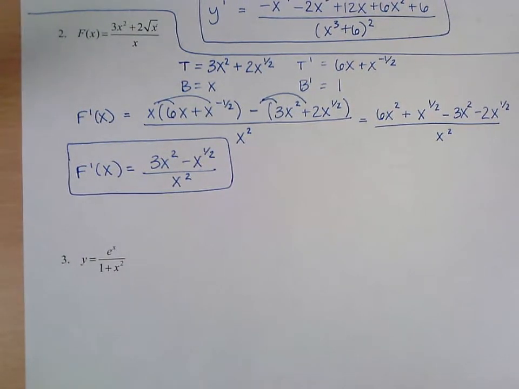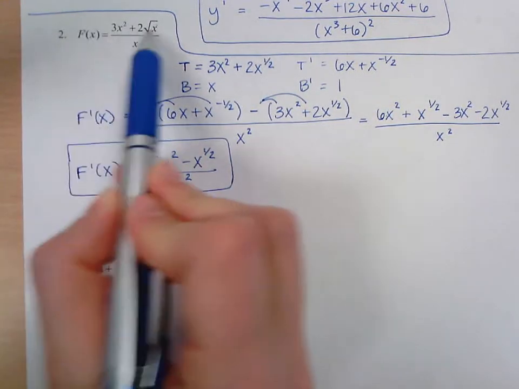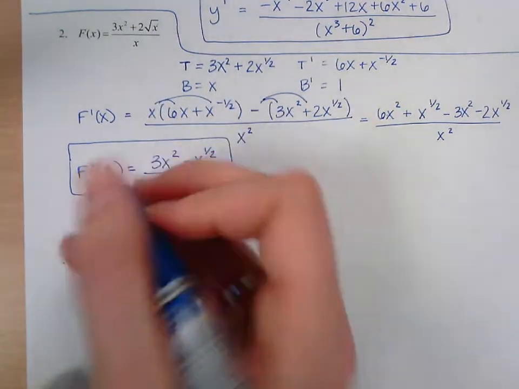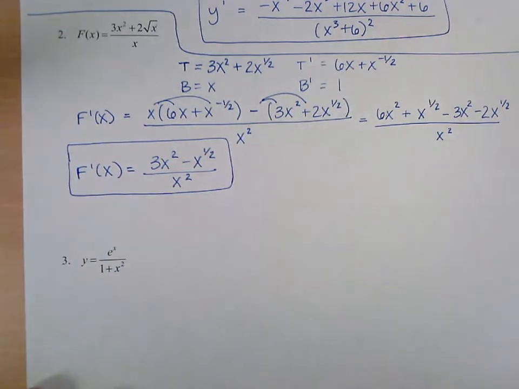I will say for number 2, you would not have had to use the quotient rule. I could have given you number 2 last week and you could have done it, but you would have had to rewrite the function first. So here's an alternate way to do it. F of x, rewrite this. So maybe I'll do this in a different color.